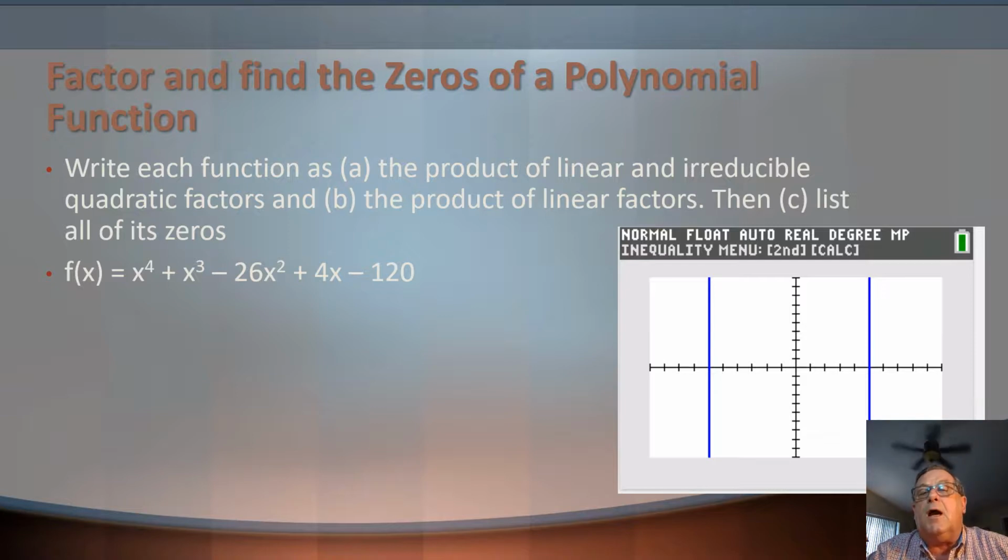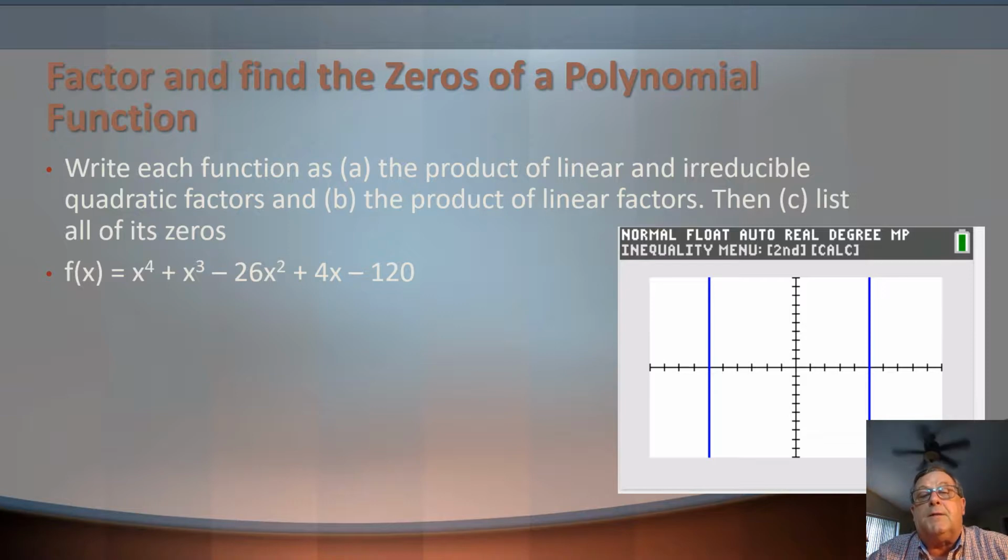But basically what you got is something like an x squared plus a number. But when you solve that, you're going to be solving to an imaginary number. It has real coefficients, but no real zeros associated with that factor.